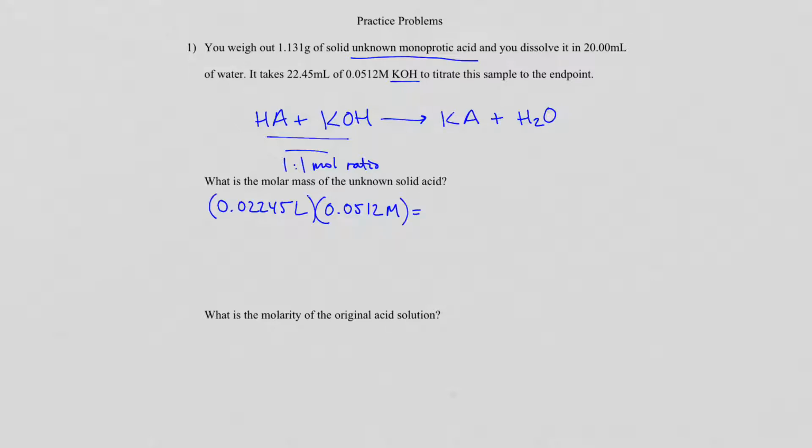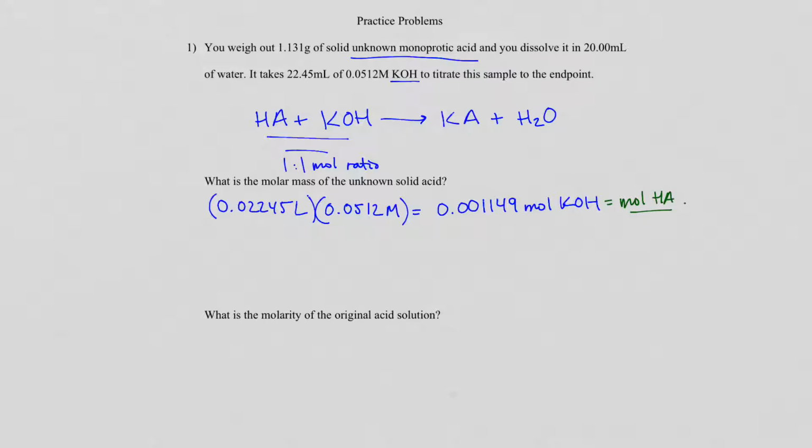So we're finding out what we actually delivered from the burette. That's the molarity times the volume delivered. That's the volume you just read straight off the glassware. We have 0.001149 moles of KOH.